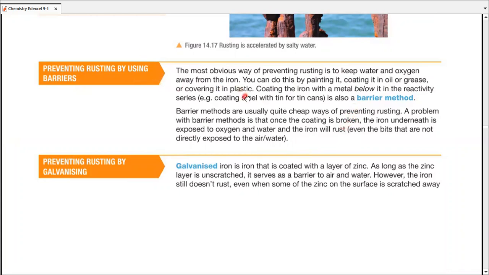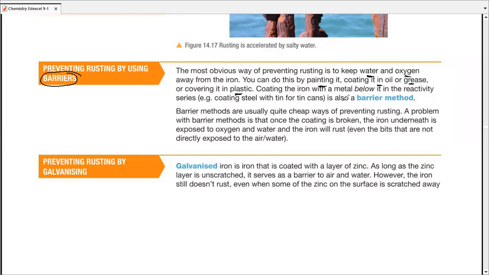Now, how can we prevent rusting? Now, the rusting can be prevented by a number of methods. The first, most common method are barriers. Barriers is to keep either water or oxygen or both away. You can paint the surface of iron. Water and oxygen will not be able to get to iron. You can coat it in oil, you can coat it in grease, you can cover it in plastic.